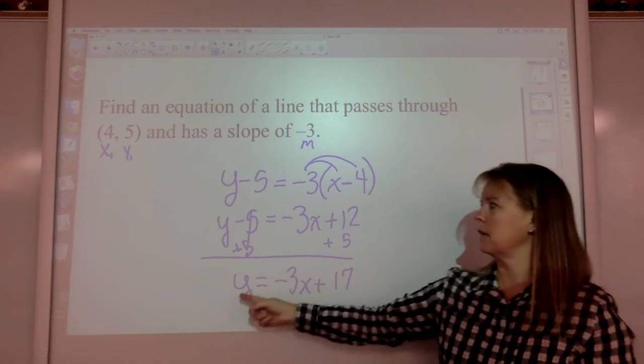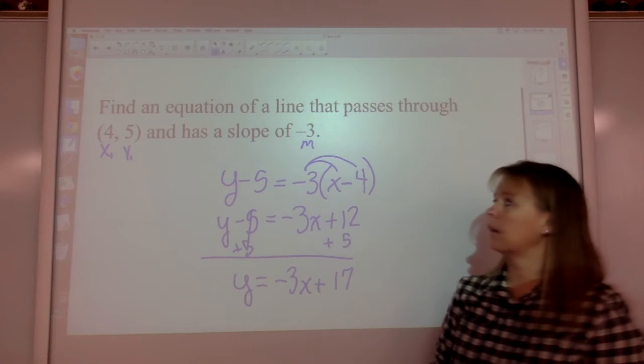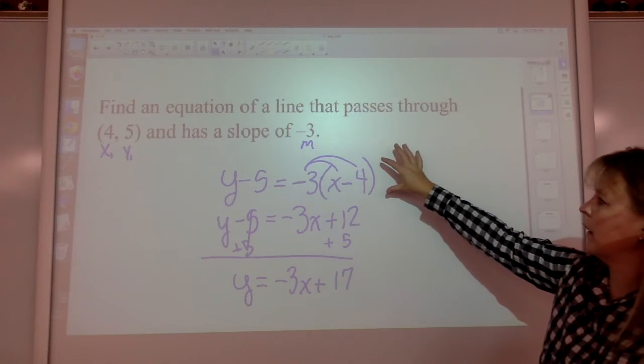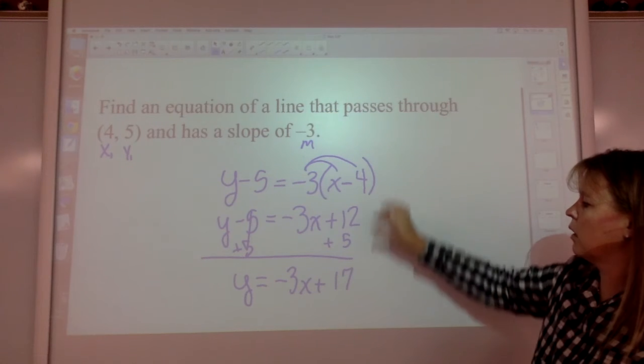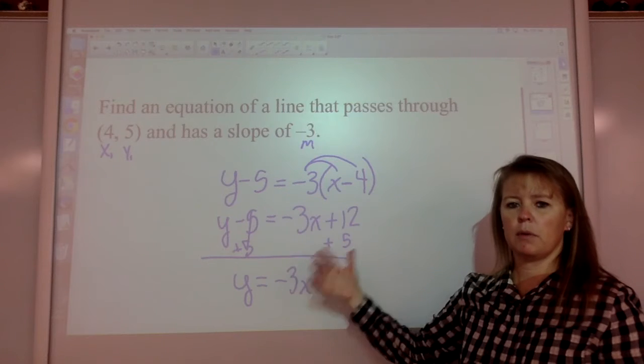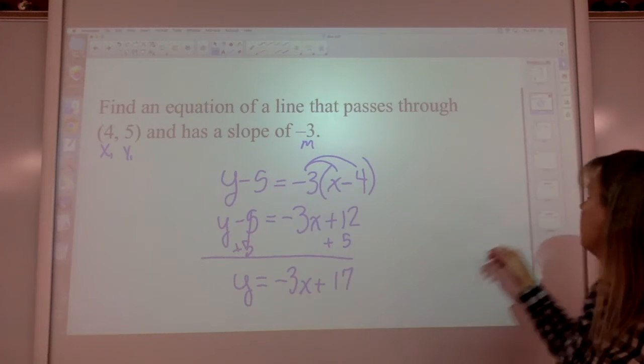Negative 12 plus 17 is 5. Or if you have a graphing calculator, you can throw it on a graphing calculator and check your answer as well. So, quick, easy transition from point slope form to slope intercept form. Every time you do it, it's going to be distribute and add, or distribute and subtract. Two-step solving equations.